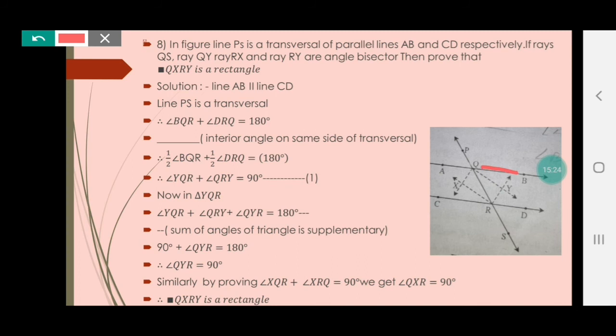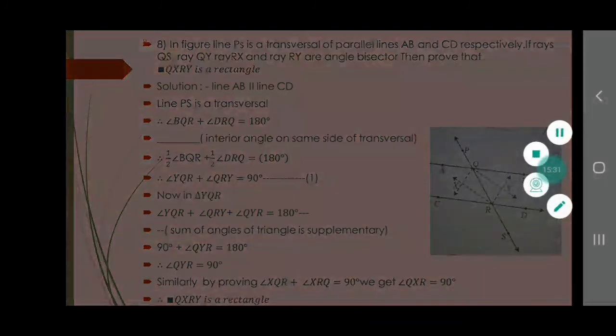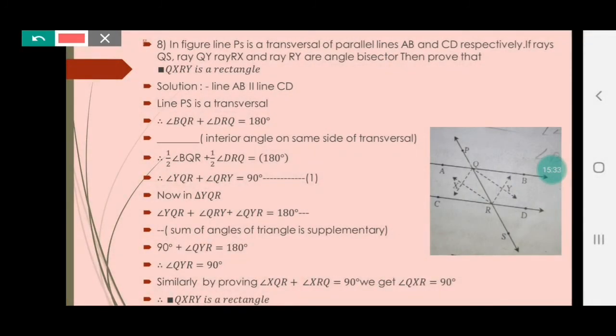Now I'll not consider this part. Which part will I consider? I'll consider the inner part. Why? Because we are interested in that part, because we have to prove that the quadrilateral is a rectangle. So I'll take the inner part. That inner part is YQR. That is half of angle BQR.